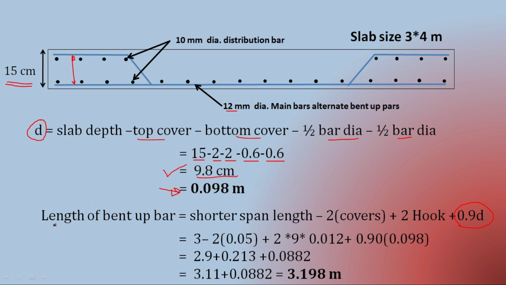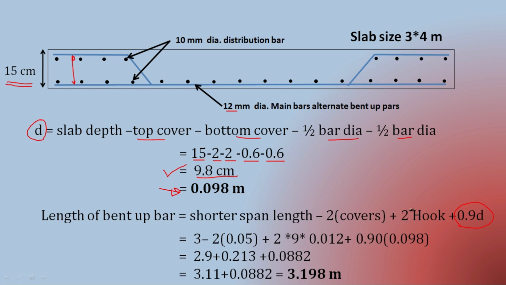Now to calculate the length of the bent-up bar, you can go for a simple calculation: whatever length we get for the straight bar, you can add 0.9 times D, because only the hook is an additional member.